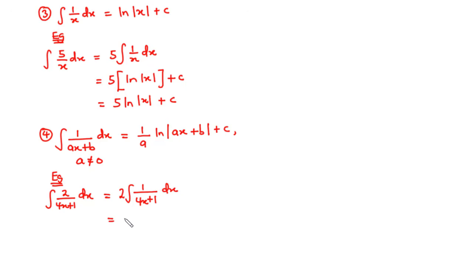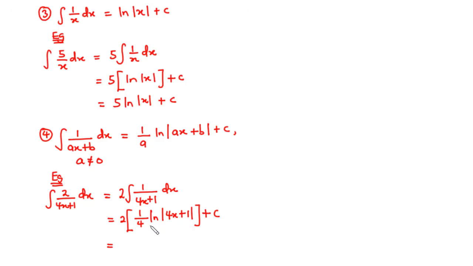Then this is equal to, we have 2 times, this is going to be 1 over, now we have our a to be 4 and then b to be 1, so that's going to be 1 over 4 times ln of the absolute value of 4x plus 1 and then plus c.